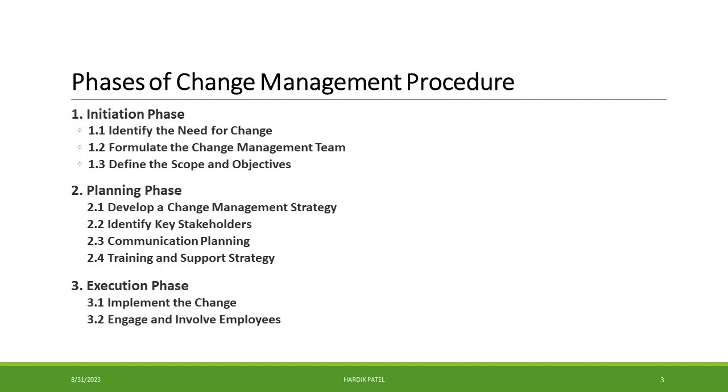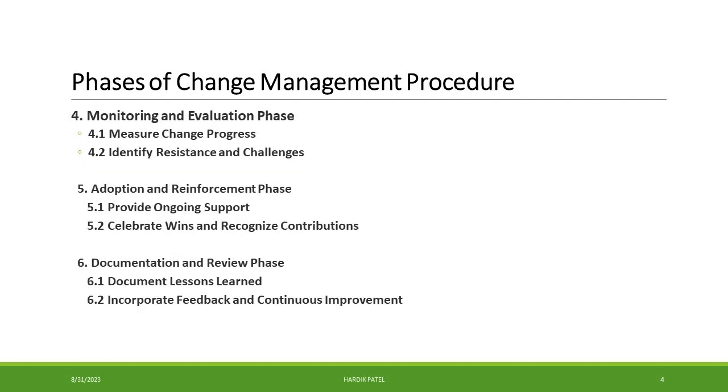The third stage is called the execution phase, and this further consists of implement the change and engage and involve employees. The fourth phase is defined as the monitoring and evaluation phase, which has measure change progress and identify resistance and challenges.